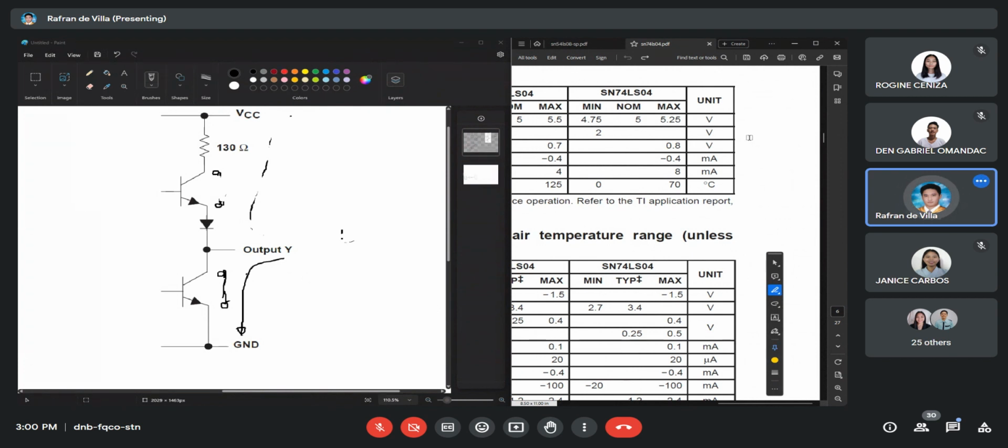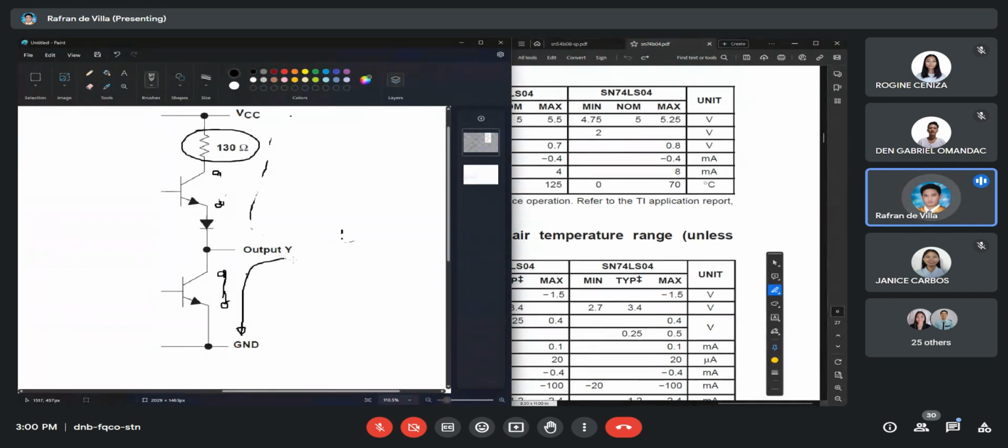So what makes the difference here is this resistor, guys. Every time it generates a current output high, the gate passes through this 130 ohms. And of course the diode serves as a gate permitting only a one-way flow of current.